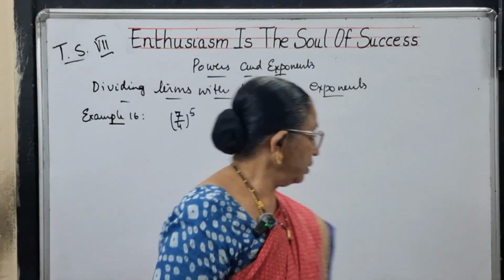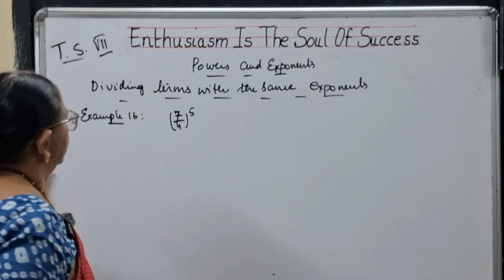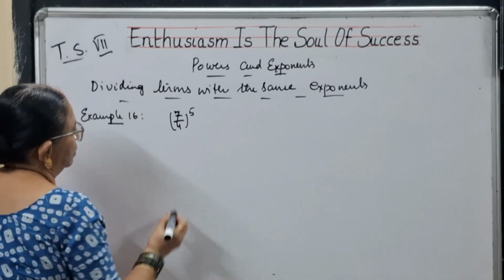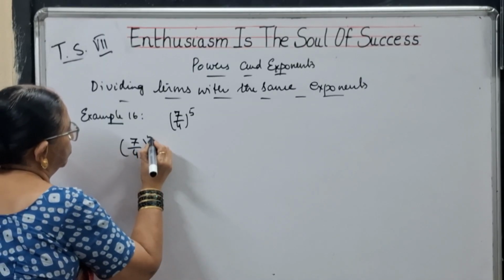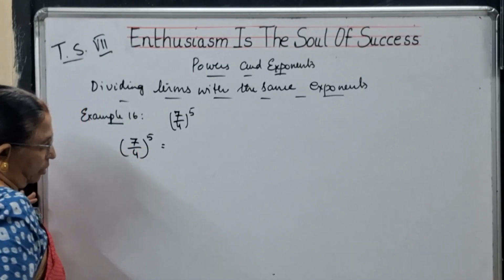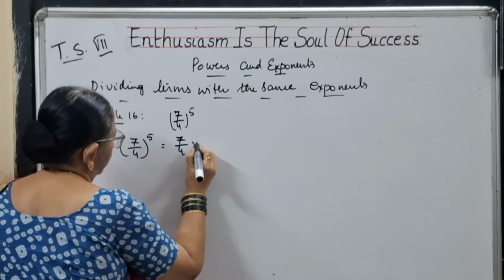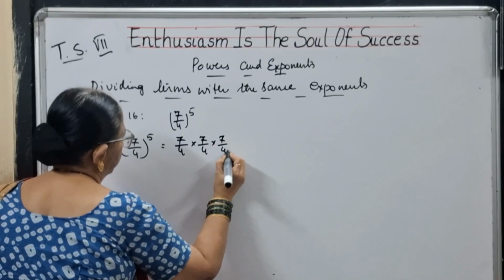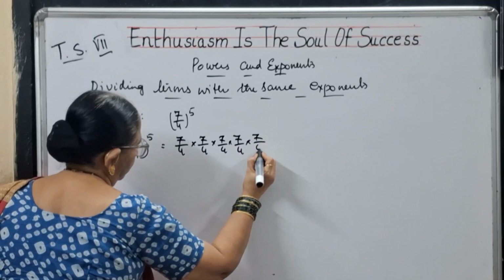Now the next part, children. Example 16. This is dividing the terms with the same exponent. Both of them are having the same exponent. So 7 by 4 whole to the power of 5 can be written as 7 by 4 into 7 by 4 into 7 by 4 into 7 by 4 into 7 by 4.